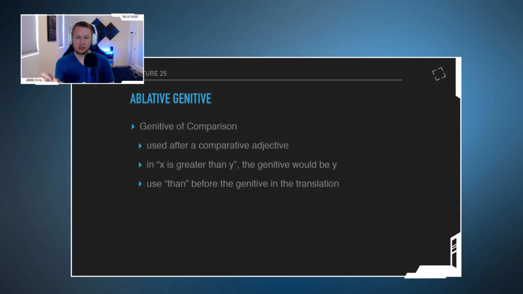Following than, you would probably have the genitive of comparison. Okay? And so that's for English. So in Greek, you're not going to have the word than. You're going to supply that because that's built into the genitive. Okay? So instead of supplying of, you would supply than.